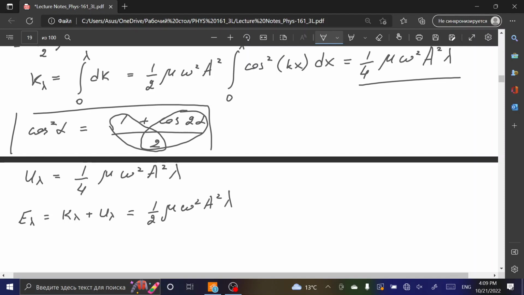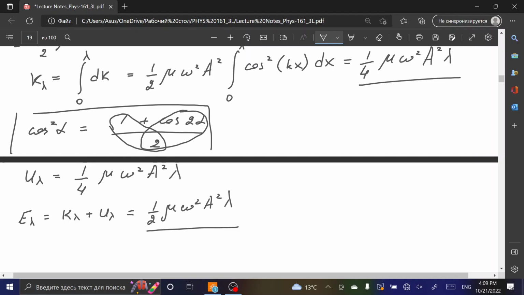So now, tell me please, since we already know what total mechanical energy we have per wavelength, what will be the rate of energy transfer? Rate of energy transfer means energy per unit time through a cross section of a string.